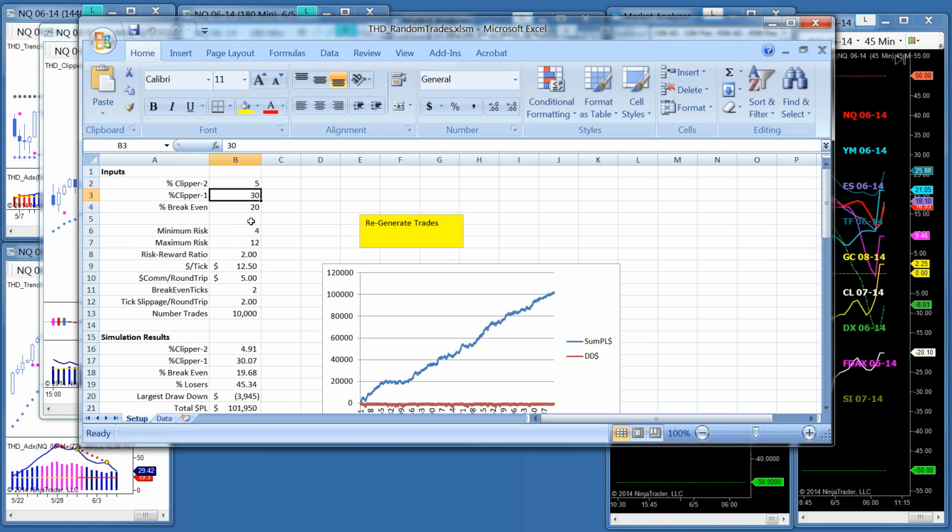What's your maximum risk? And you want 60. Yeah, we're going to do 0. What's your break-even trades? Okay, maximum risk is 12 ticks. What's your break-even percentage? If winning is 60, what's break-even? Got to give me a number.